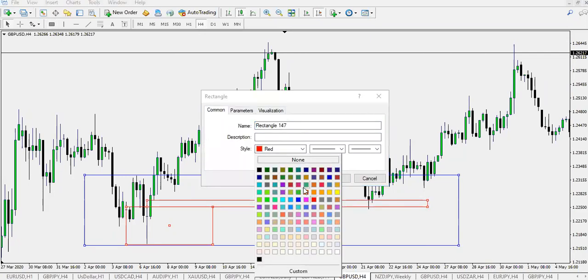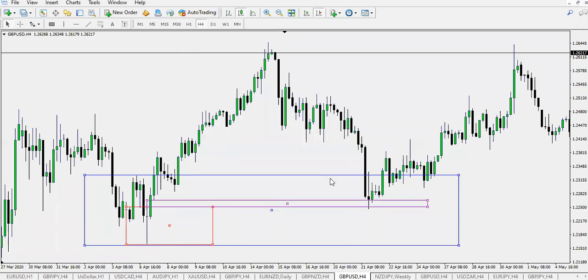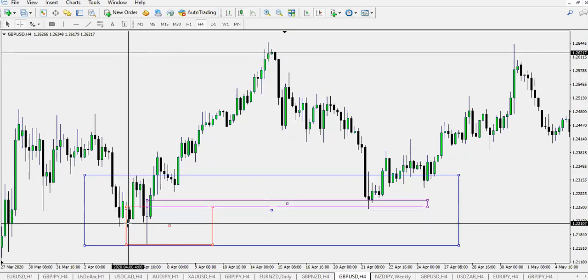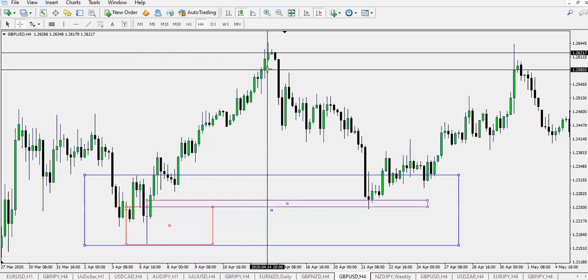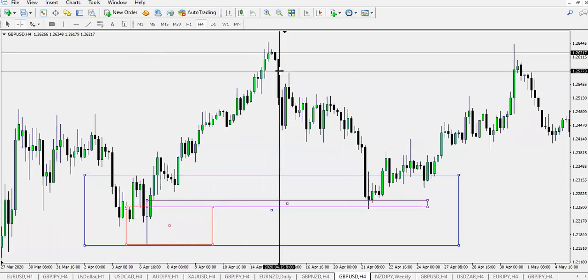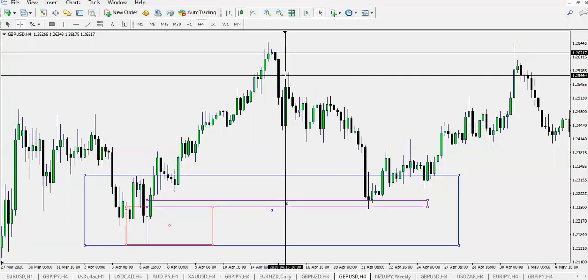So here is a fair value gap that was created on the 4-hour chart. When price rallied from this daily order block at the bottom, there was a large move to the upside. When a large move to the upside happens, we want to see price come in so that the institutions can add additional entries, or sell or buy at a lower price.